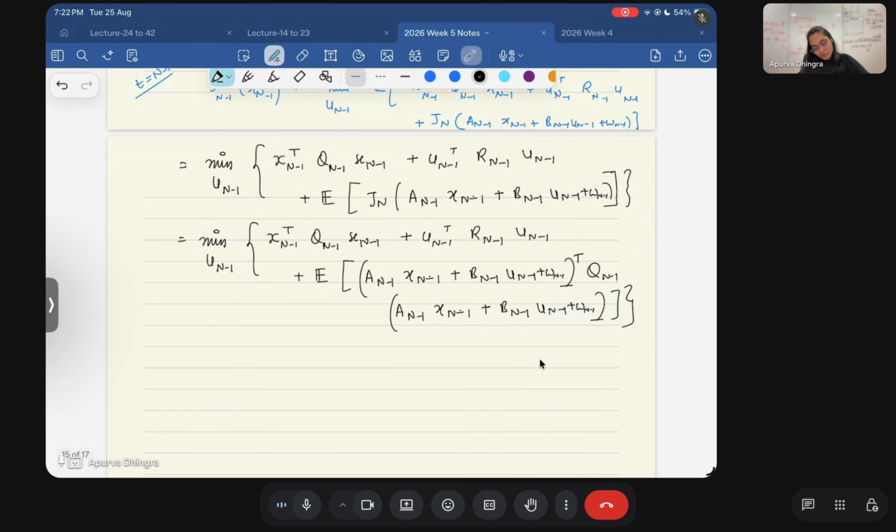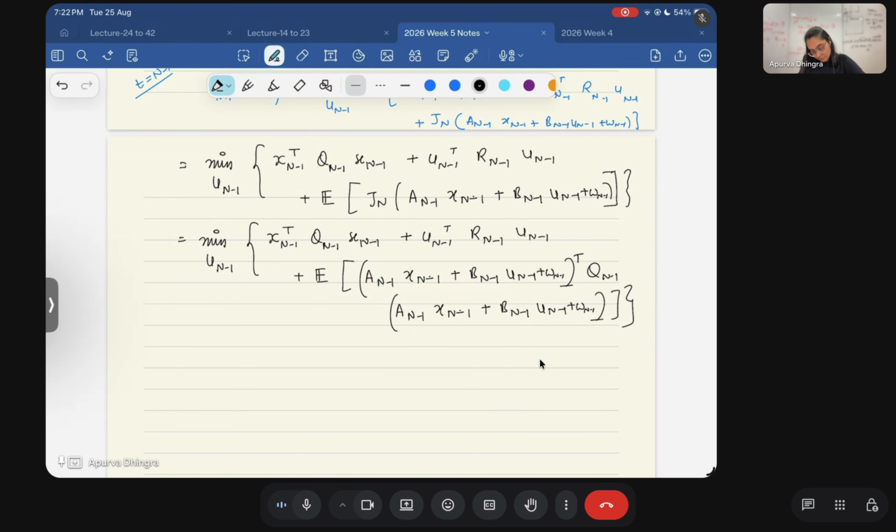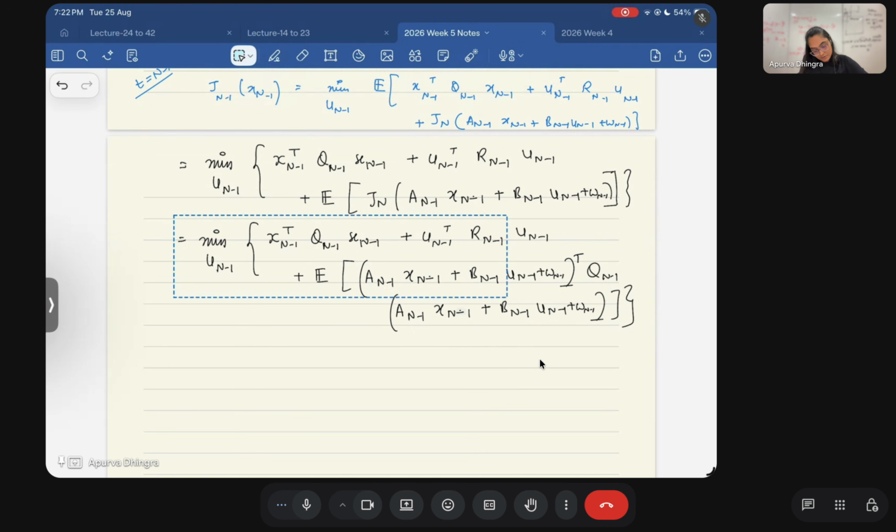Okay, we could look at the terms inside here much more carefully. These terms can be broken down. Let me copy this much.